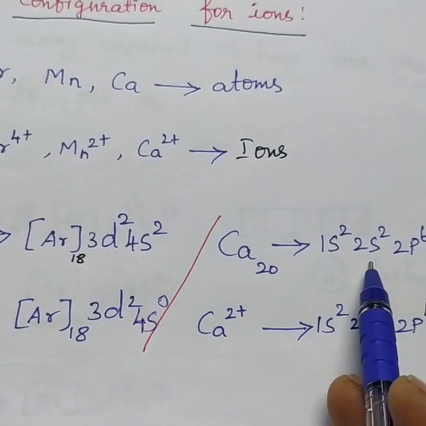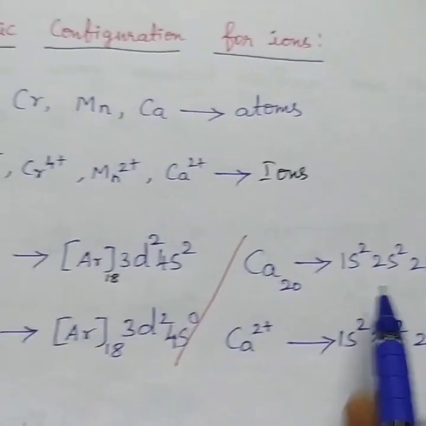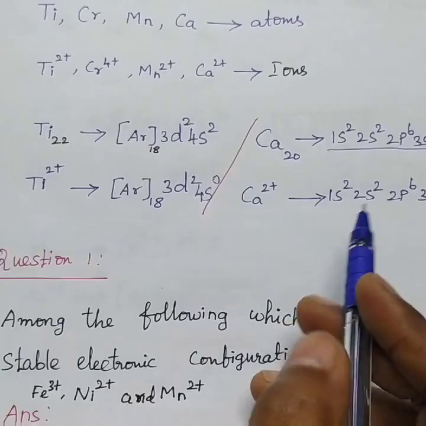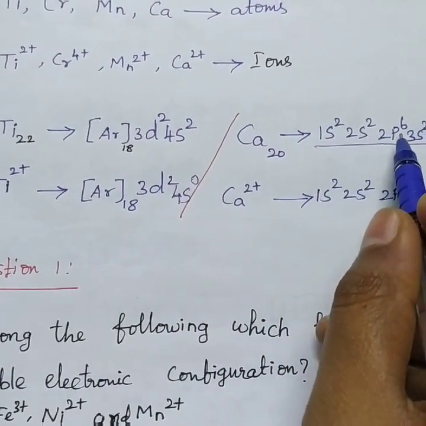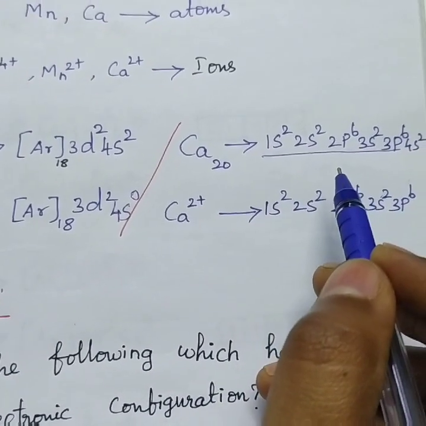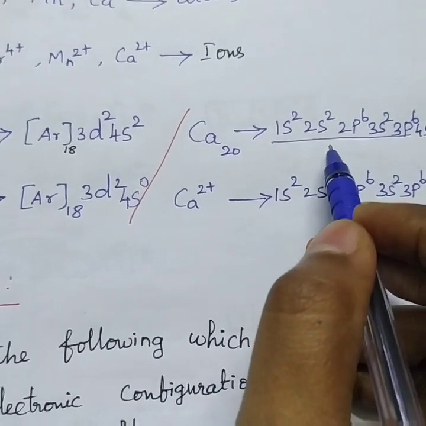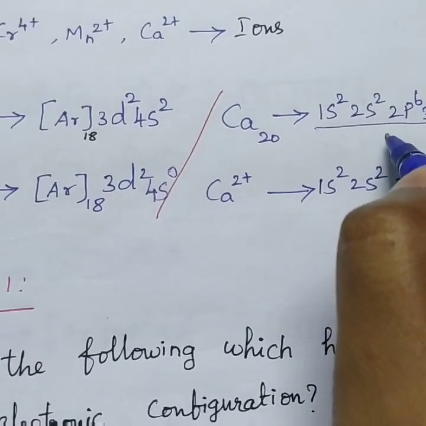So 1s2, 2s2, 2p6, 3s2, 3p6, which is the 18-electron configuration, that is argon.